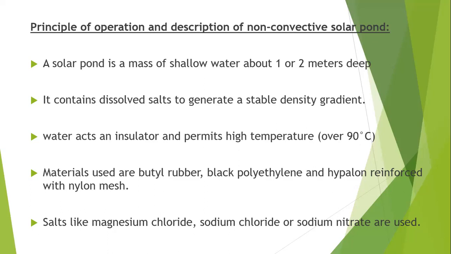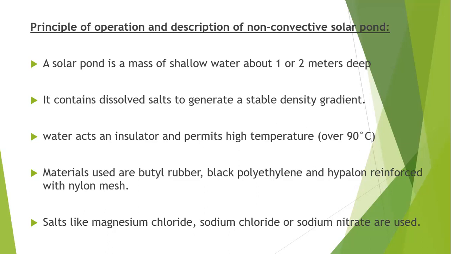At the bottom there will be salt water with a percentage of 20 to 30, and when we reach the top we get fresh water. In salt gradient solar ponds, dissolved salt is used to create layers of water with different densities. The more salt you use, the denser the water will be.